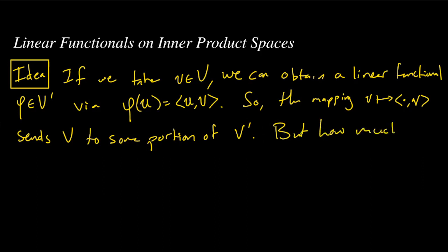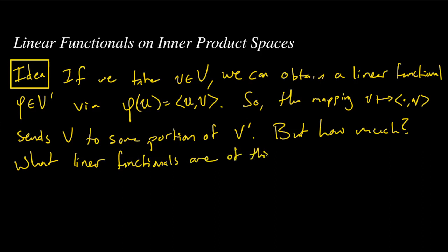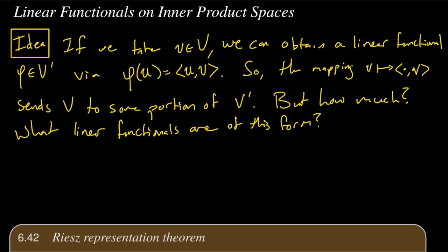But how much? What linear functionals are of this form? That's our question. If we take a vector v, we can map it to a linear functional. That is, we've got a map from V to V prime.